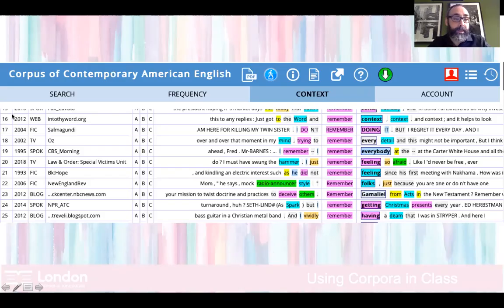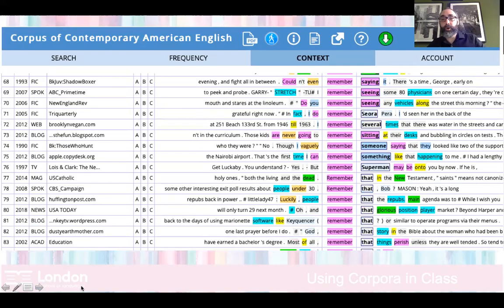These are random examples of remember. It's very interesting that in just a sample of 10 phrases, 5 are remember having, so 50% remember plus -ing, okay? And not one with remember to, by the way.